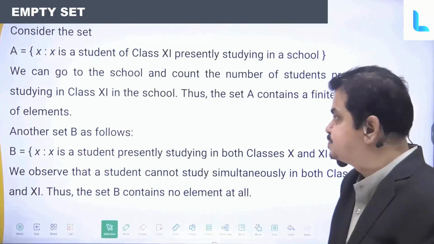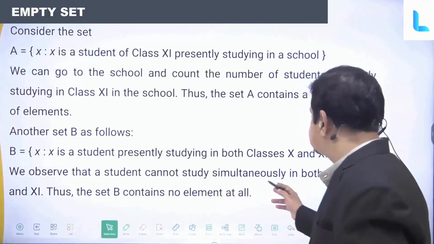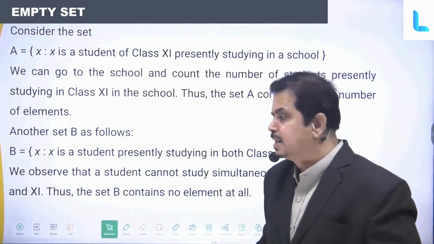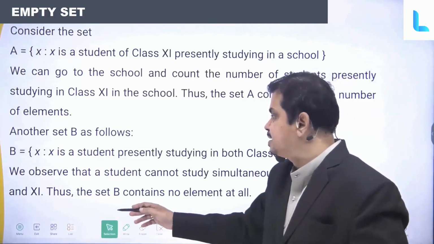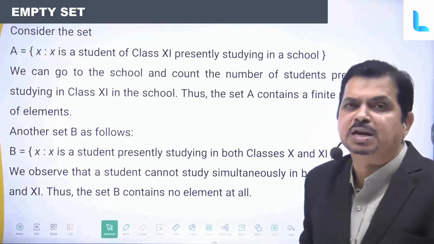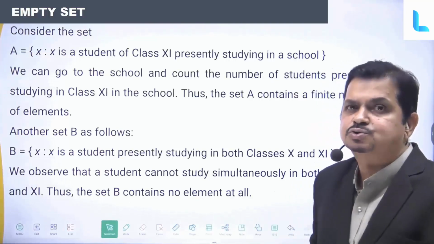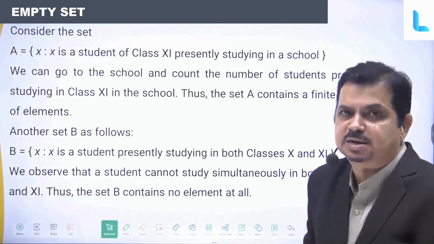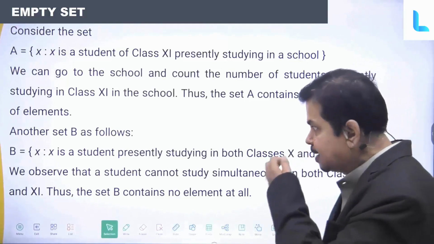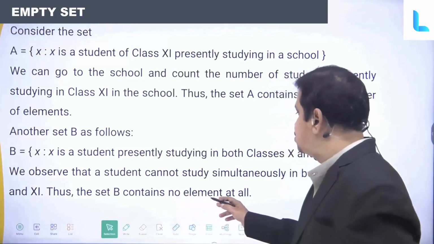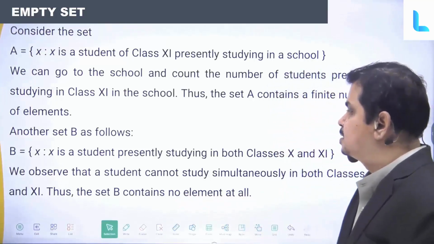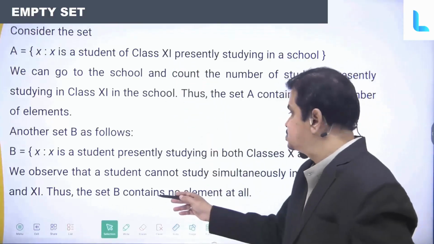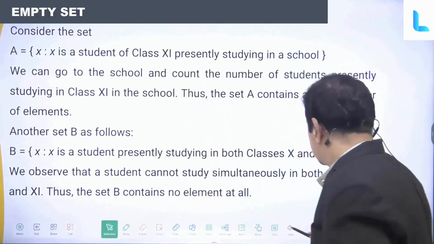Because no student can study in both classes 10 and 11 simultaneously, we can tell that set B contains no element at all. So now we say that set B is an empty set, where there is no element at all.